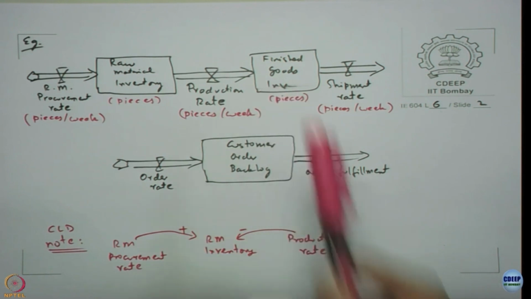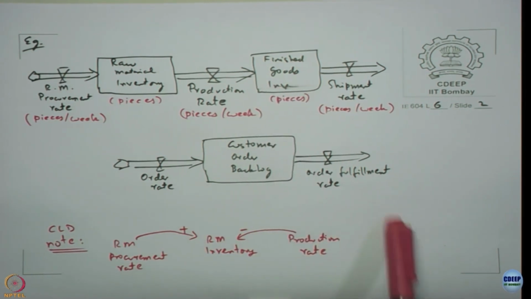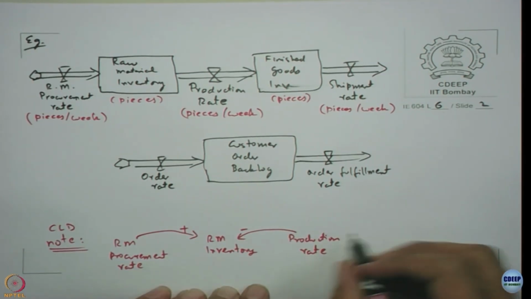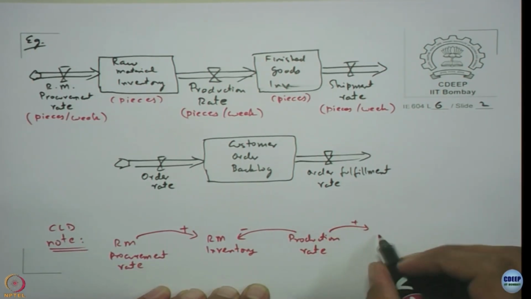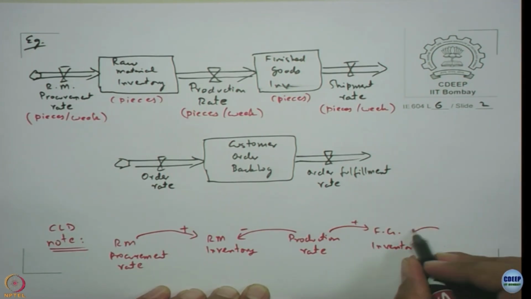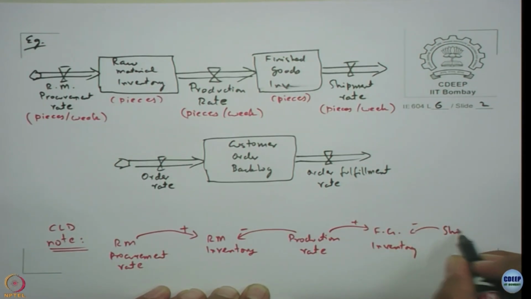If you want to add a finished good inventory, the production rate will have a plus sign to finished good inventory, and then it will have a, if you want to have a finished goods inventory, shipments.